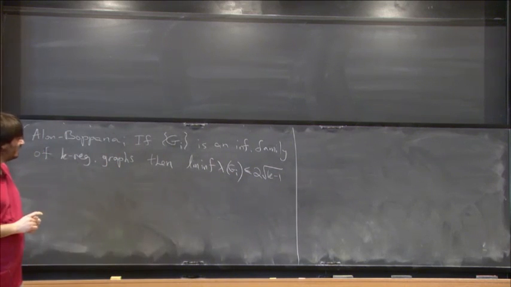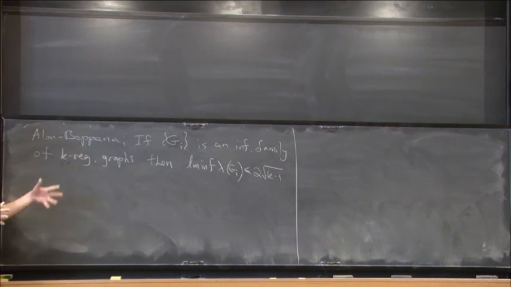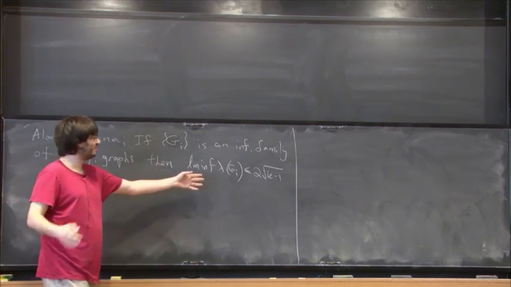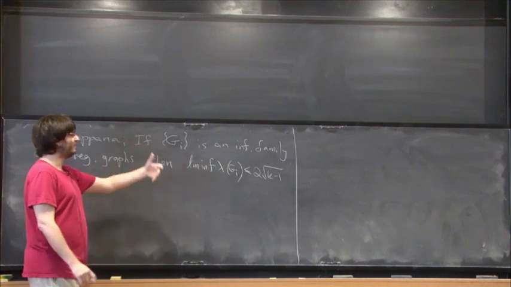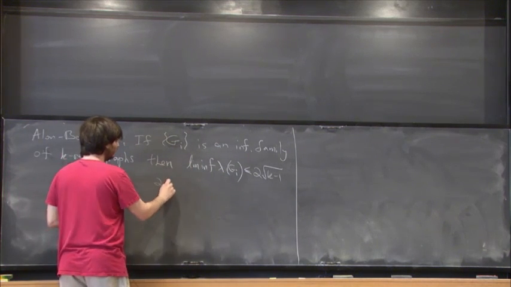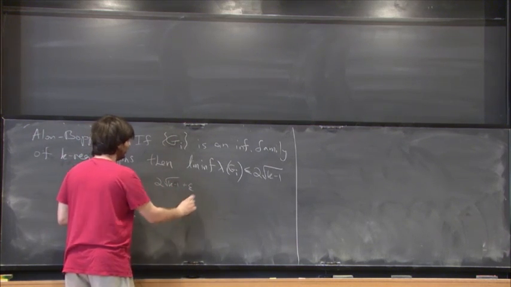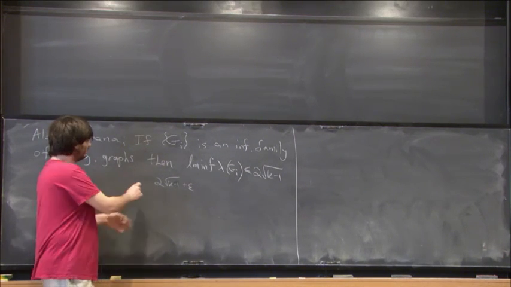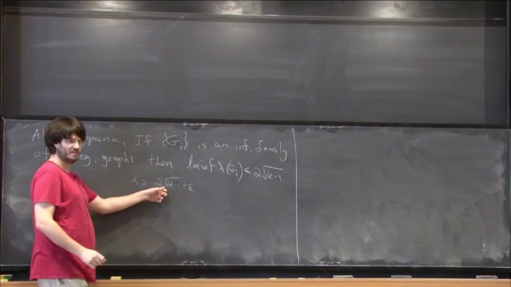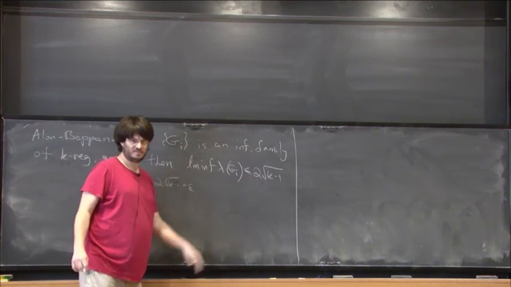So if you're trying to construct k-regular graphs with large spectral gaps, eventually you can't. If I want all of them to be above 2 root k minus 1 plus any epsilon, I can't do it. For any epsilon, there are only finitely many with lambda at most this. So eventually I will get closer and closer here.